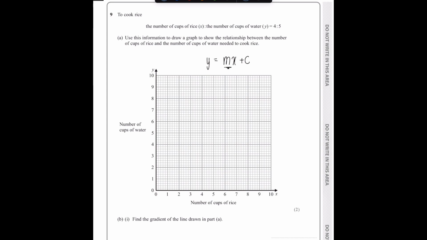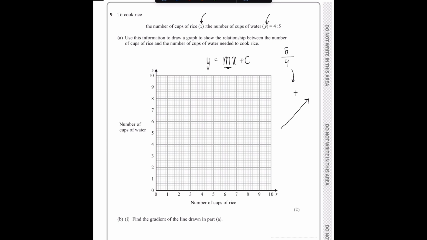In this case, we can look at it in terms of x and y. So here, our rise is 5, or 5 cups of water. And our run is the number of cups of rice, in other words, 4. So our gradient is 5 over 4. So what we know here is our gradient is positive. So we're looking at a direction along here somewhat.